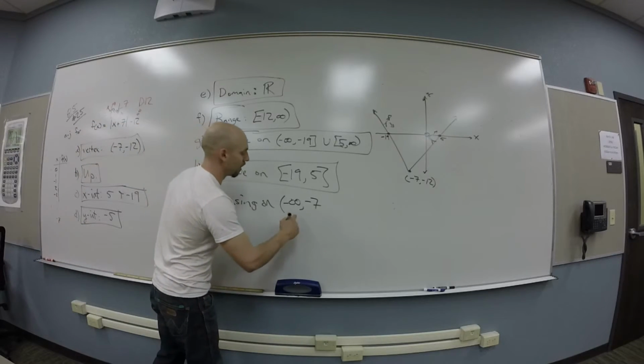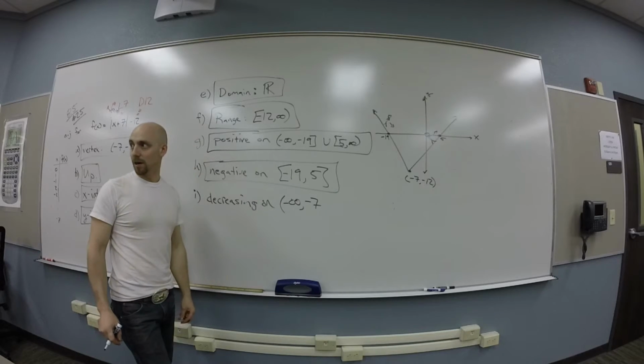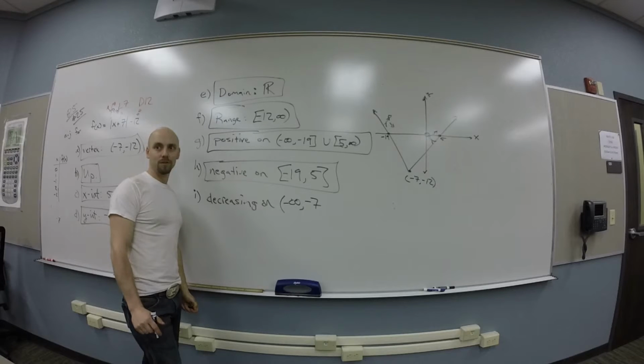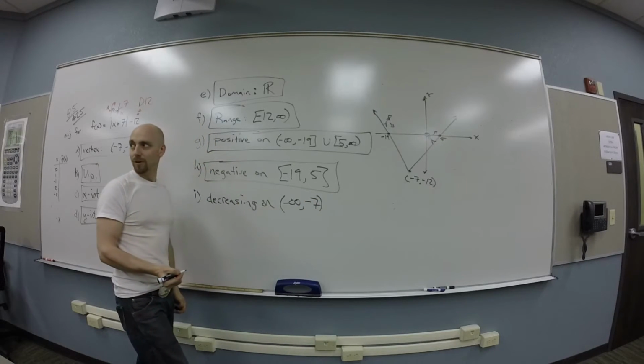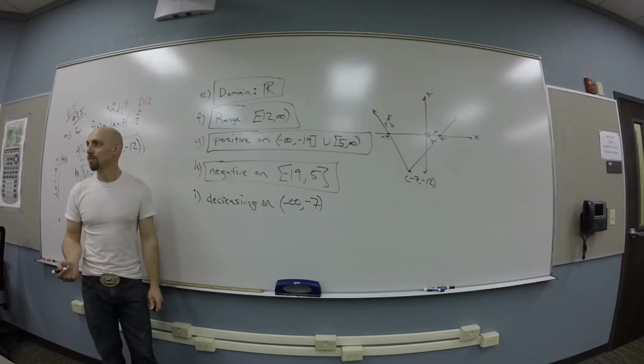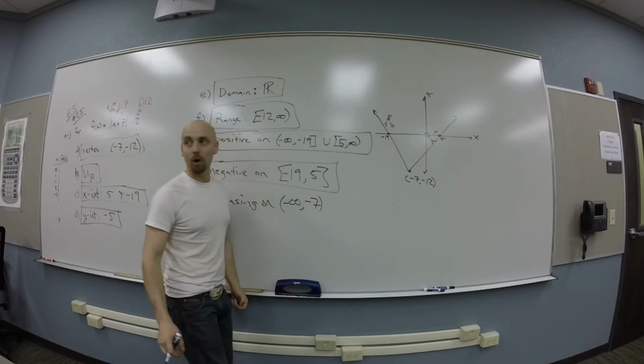So we're decreasing on negative infinity to negative 7, and we still haven't decided on a bracket here. It's open.